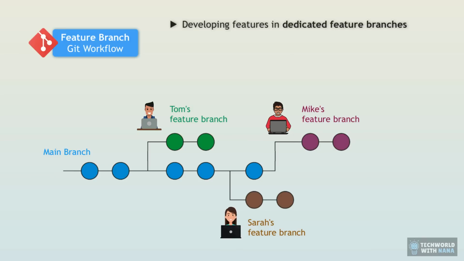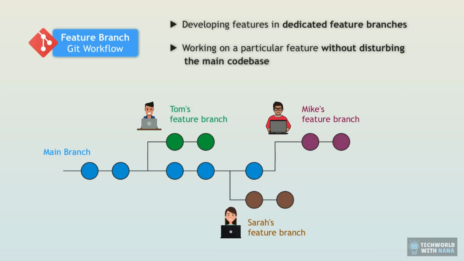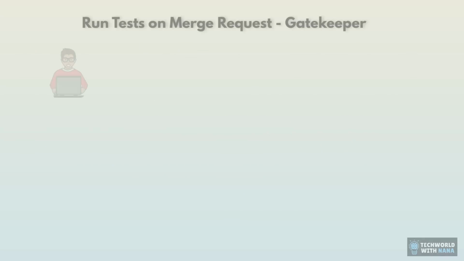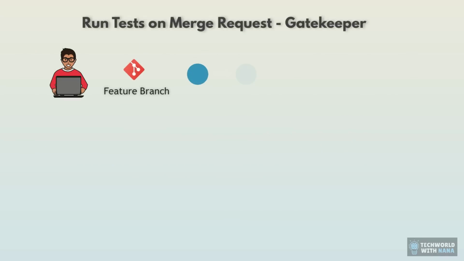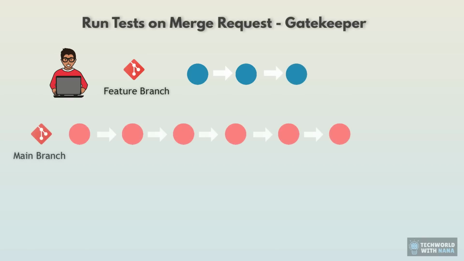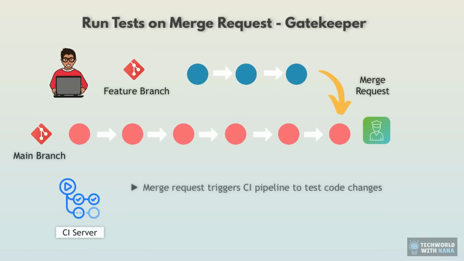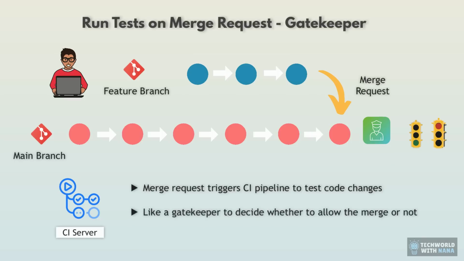And this way, multiple developers or engineers can work on a specific feature without interfering with the main code base. So you create a feature branch and make your changes there. And when you're ready to merge, you create a merge request and all the tests will run on the merge request to act as a gatekeeper and decide whether the changes should be merged into the main, meaning whether those code changes are even in a releasable state.